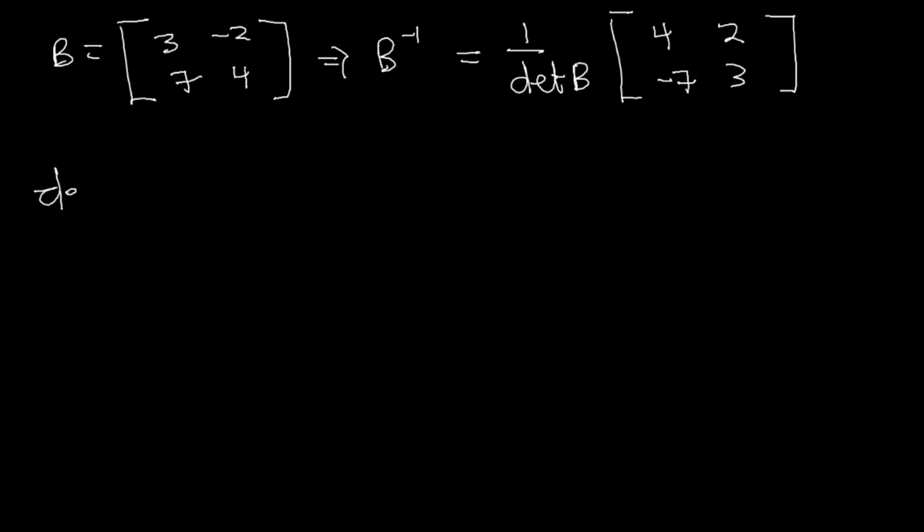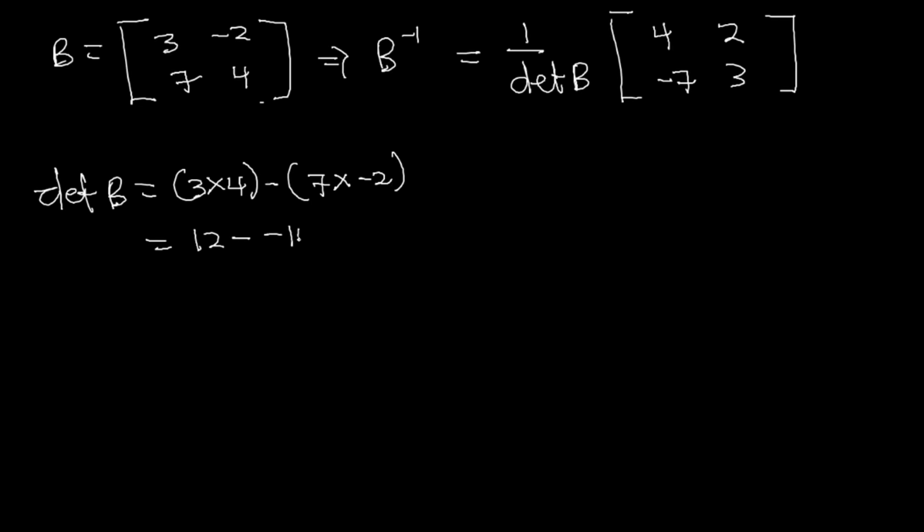Now we need to find the determinant of B. The determinant of B is equal to the product of the leading diagonal minus the product of the following diagonal. So it's going to be 3 multiplied by 4, then minus the following diagonal, which is 7 multiplied by negative 2. This gives me 12 minus 7 multiplied by negative 2, which is negative 14.